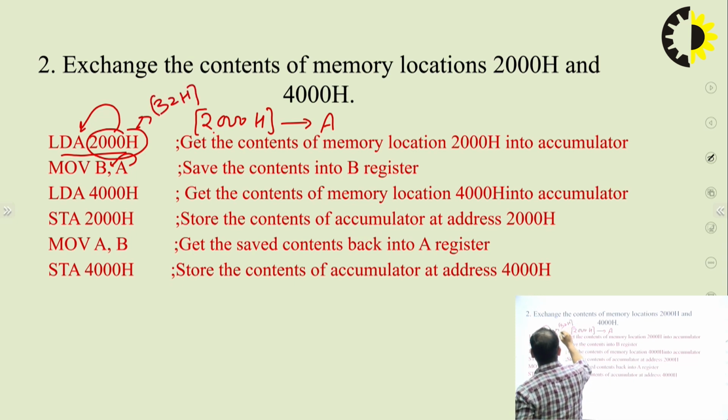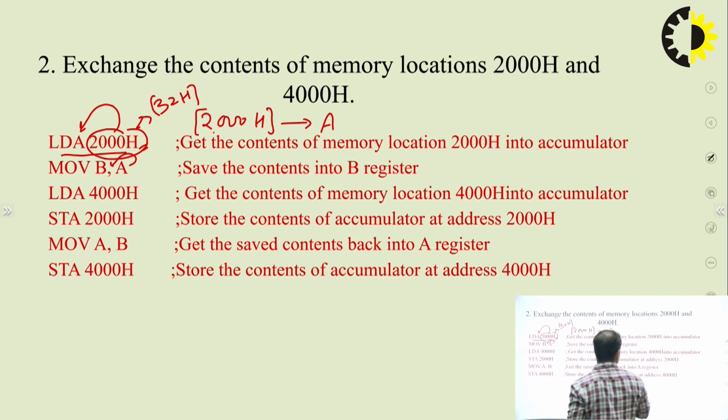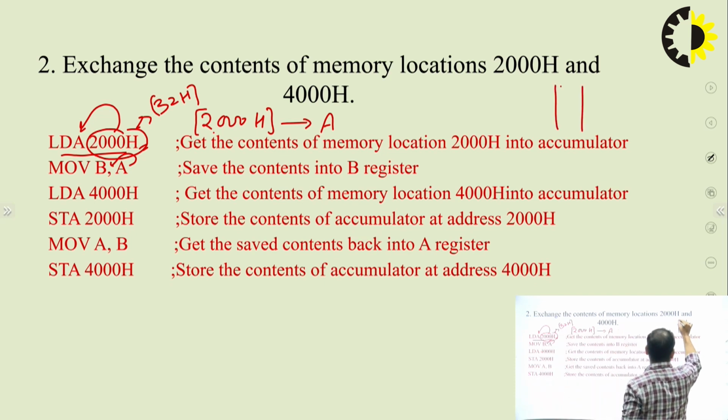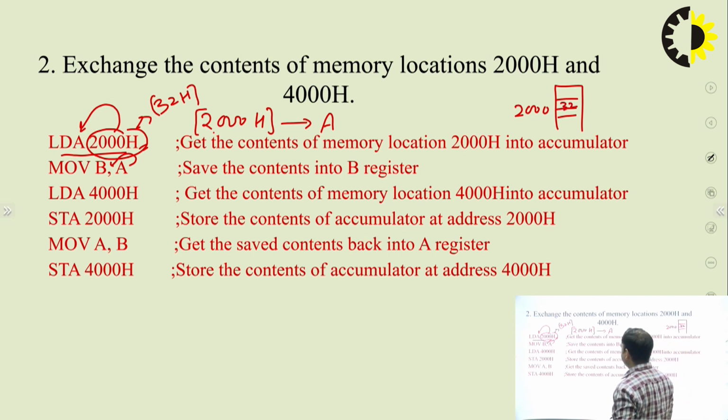The content of this memory location is 32. So if this is our memory location 2000, and in it we have the number 32, after the LDA 2000 instruction the content of 2000 will move into the microprocessor, and the accumulator will carry that content, that is 32.